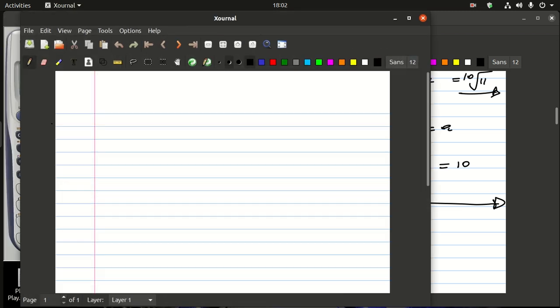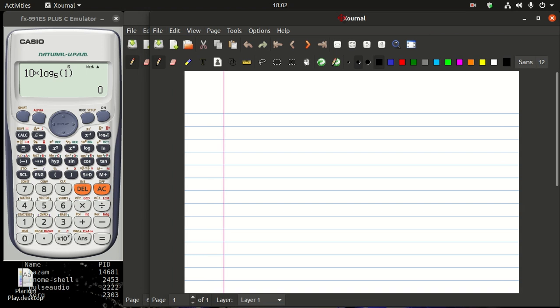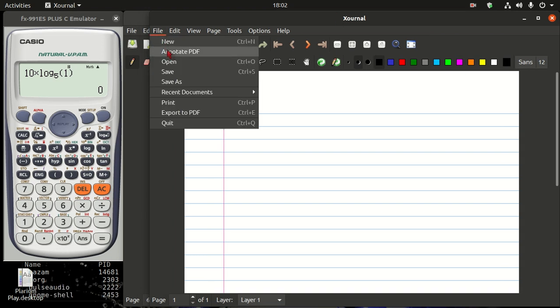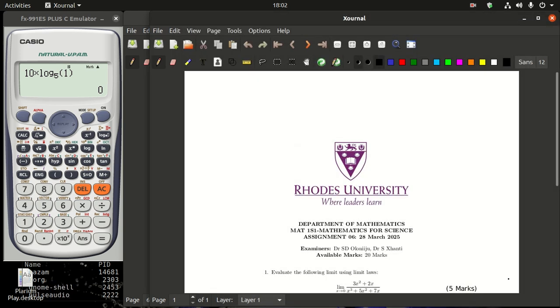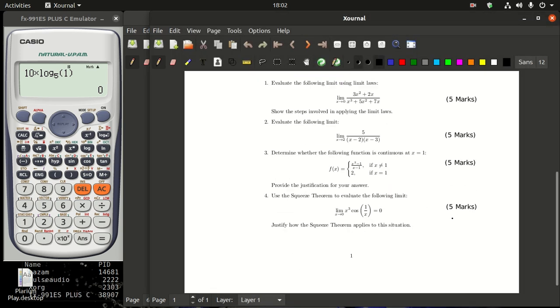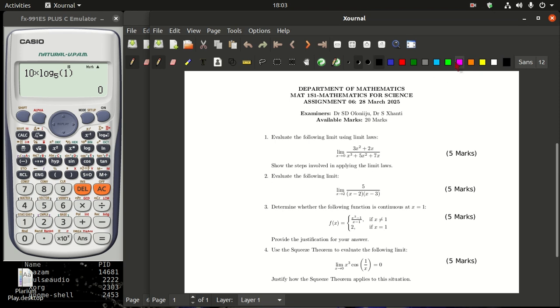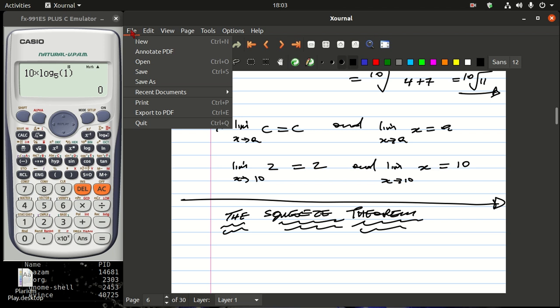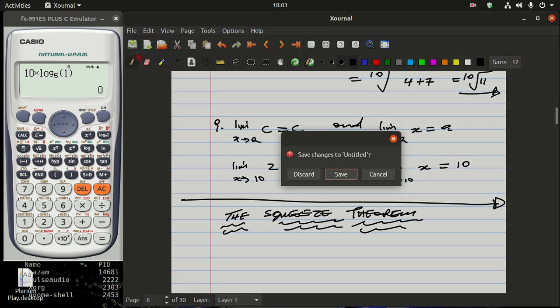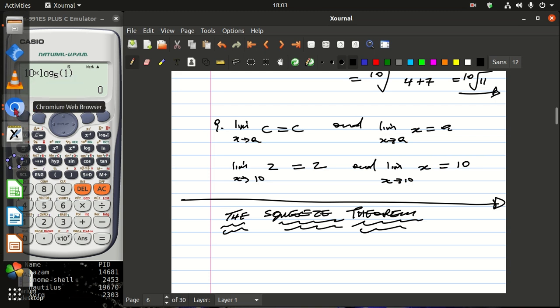I want a new window, and then I'm going to place it here, and then open a file. I'm looking at tutorial 6 here. Not this one. I'm looking at tutorial 6. Where's this?